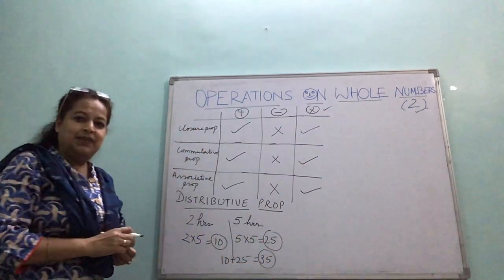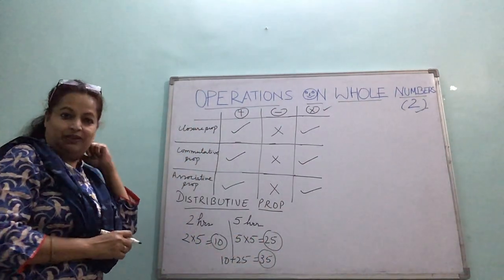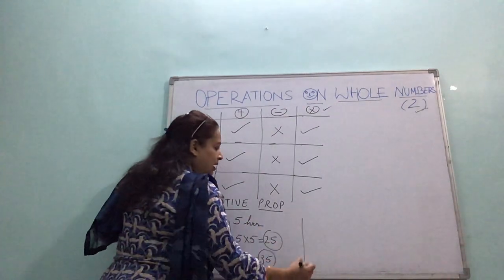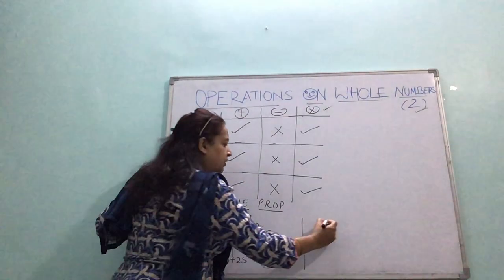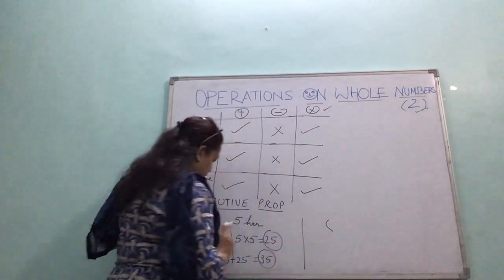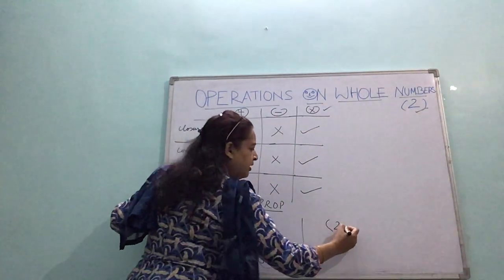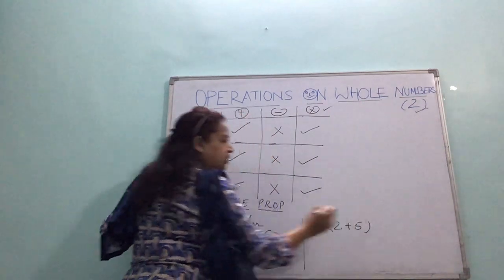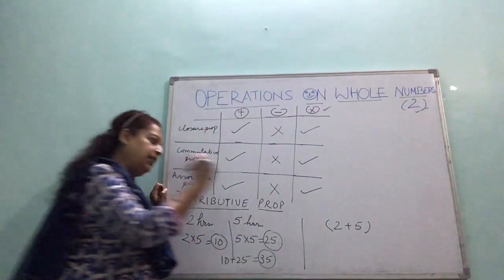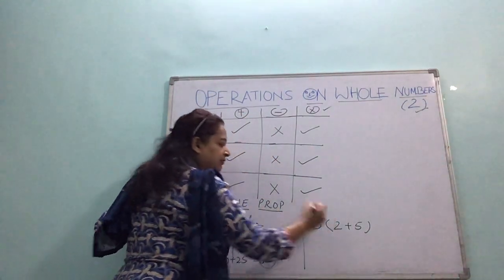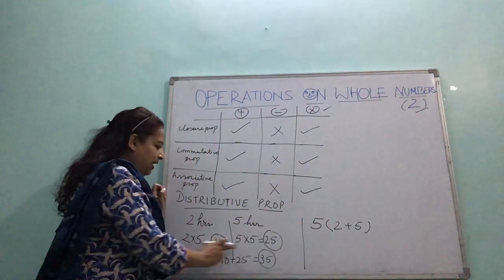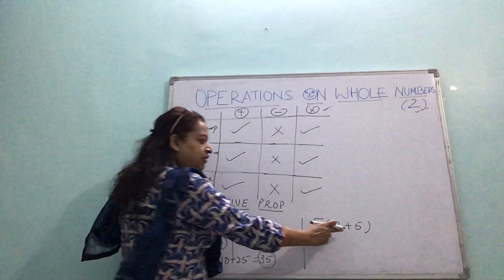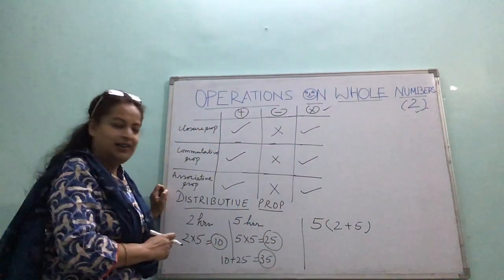But the same can be done in a different way. How? Instead of writing separately, you can find out the total hours you worked, 2 plus 5, both the days, and multiply that by 5. That means instead of separately multiplying and adding up, you can first add and then multiply.